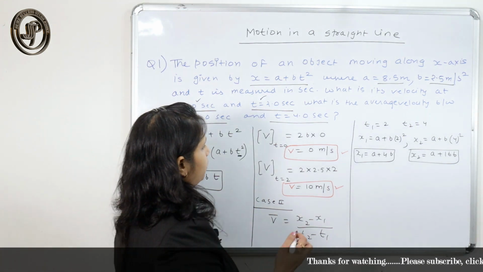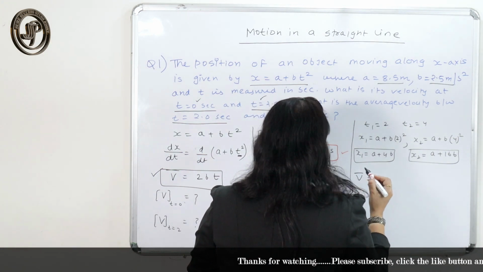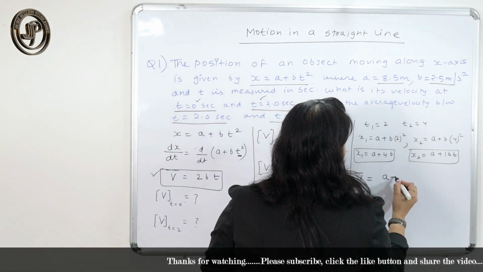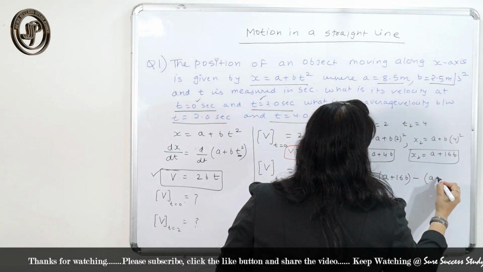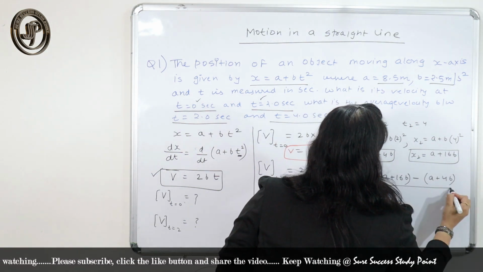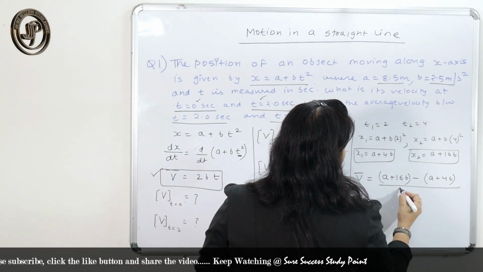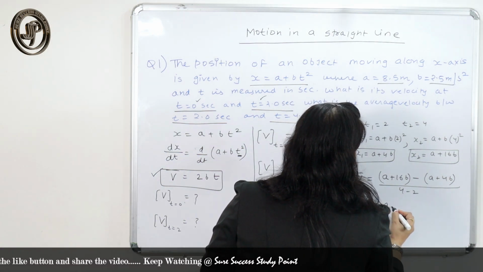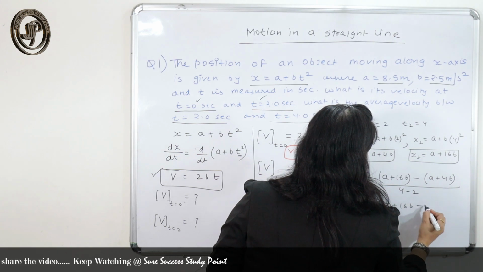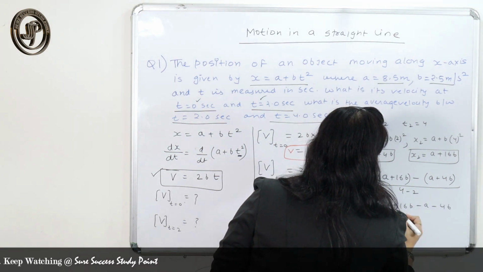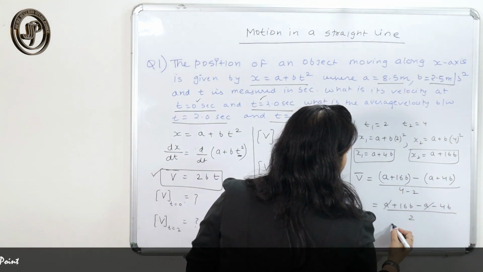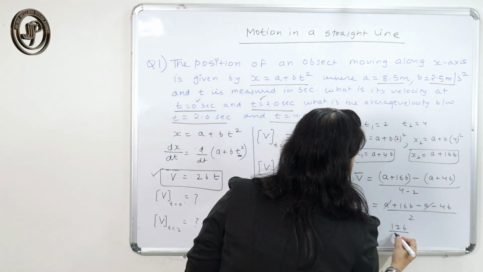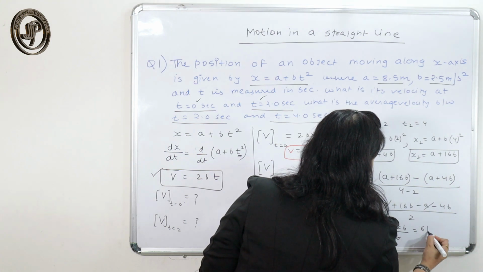Now I can apply this formula in order to find the average velocity. a plus 16b minus a plus 4b upon t2 minus t1. If I open the bracket, I will get 12b upon 2, which equals 6b.